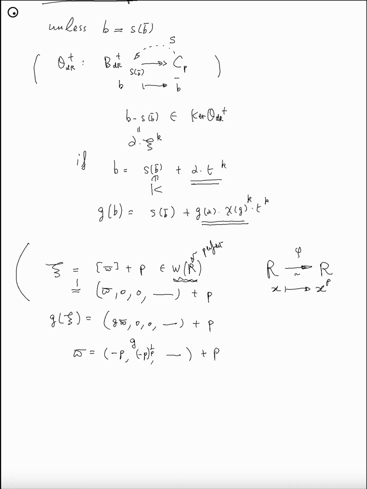Ah, wait, I know. I made a mistake here. I'm sorry. So the problem is that this is in WR and R is perfect. There's no problem. But where does this happen? So this is in R. And when you look at its components, each component is already in OK bar.